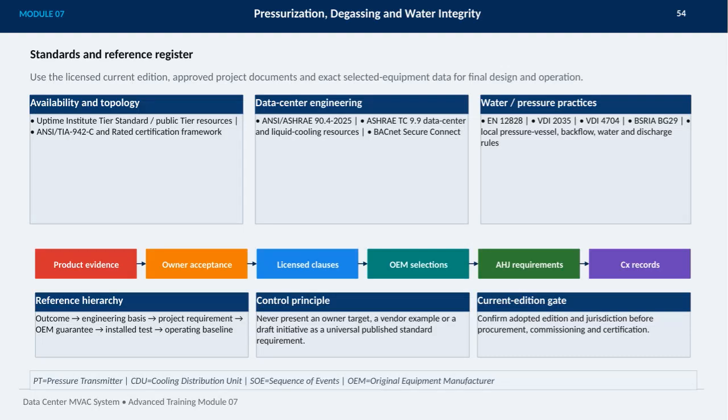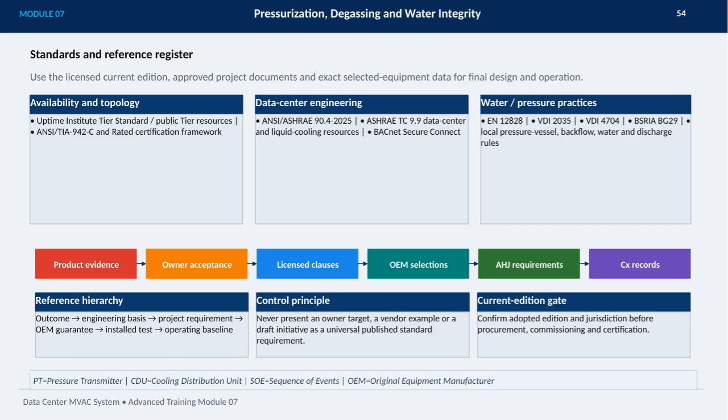In this module, we focus on the critical standards and reference materials essential for designing and operating data center MVAC systems. Always use the licensed current edition of standards, approved project documents, and precise equipment data to guide final design and operation.